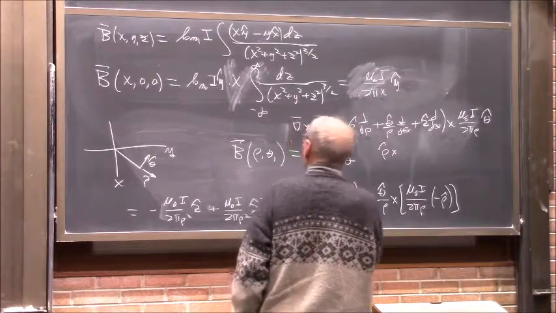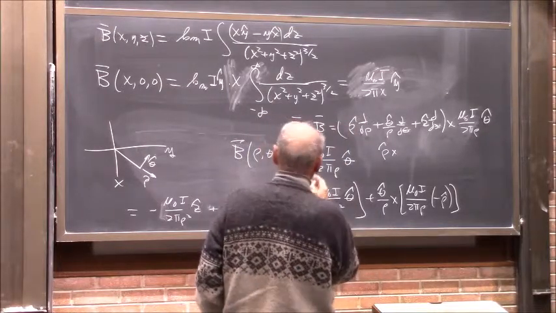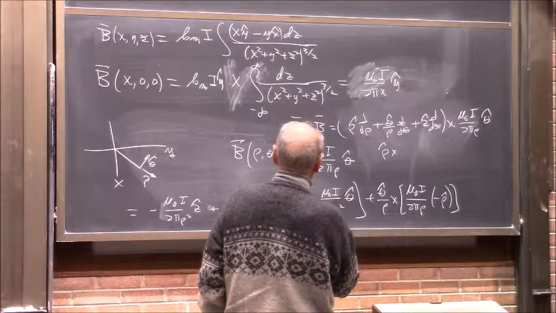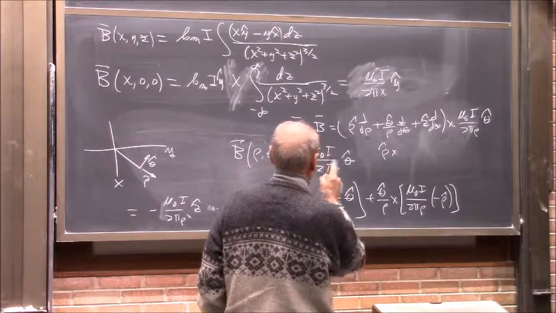Let's see. B is mu 0 I over 2 pi rho theta hat. That's certainly right. So now I take the curl of B, and that's that.